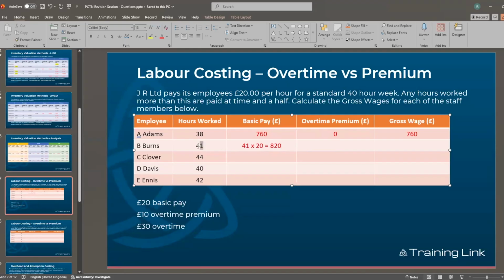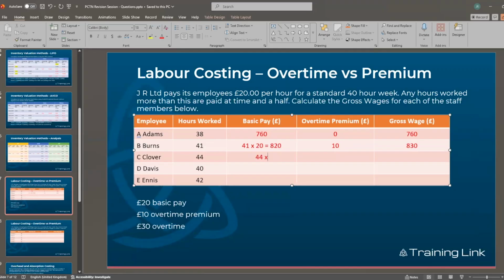So we're doing the full 41 hours basic pay in this column, and the reason for that is because in this premium one, we're only capturing the half rate. The time and a half being that £10. So 1 hour worked over there, so that'll be £10 on the overtime premium. If we add 820 plus 10, we should get 830 gross wage.